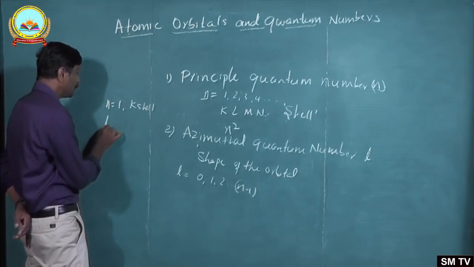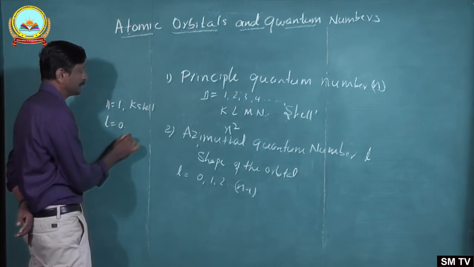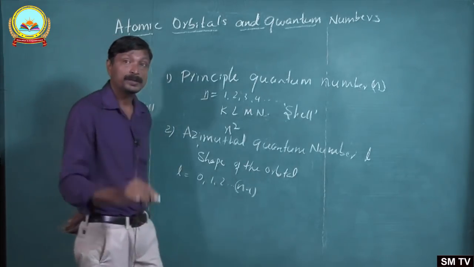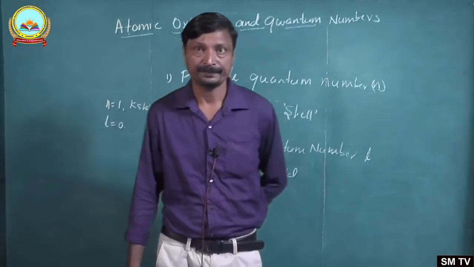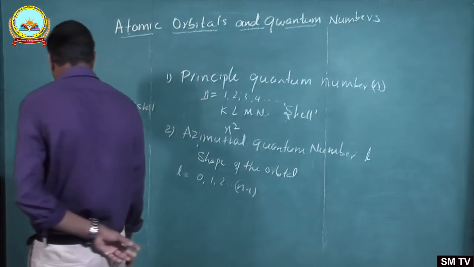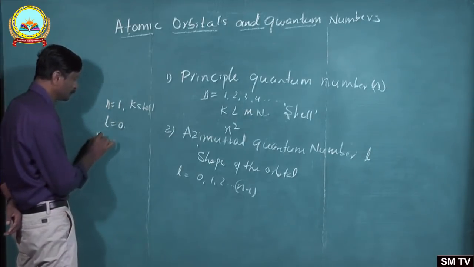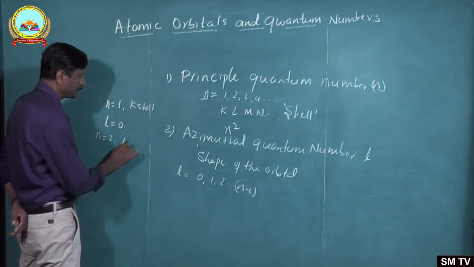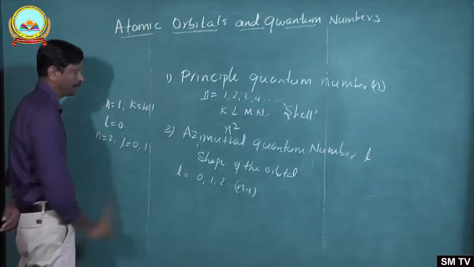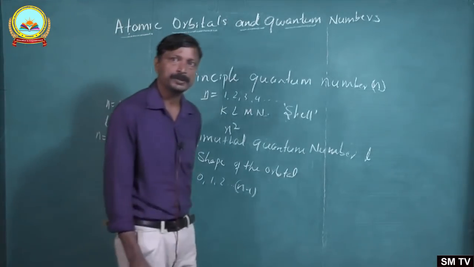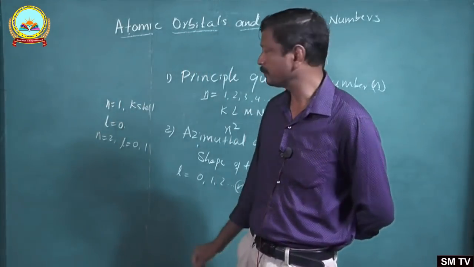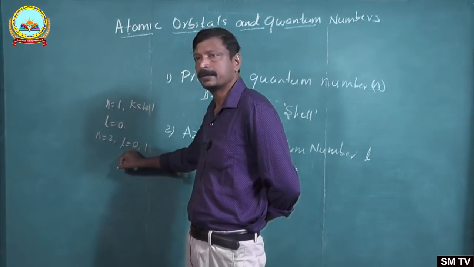What is the value of L? L is equal to 0, that is, only one subshell is present in a K shell. Similarly, suppose n is equal to 2, L is equal to 0 and 1. This 0 is present in the first shell and also in the second main shell.